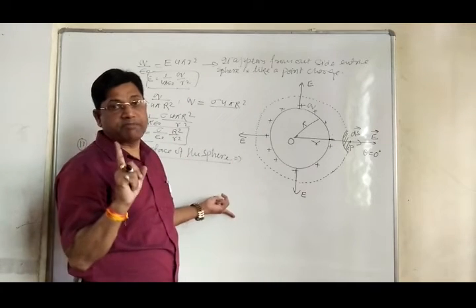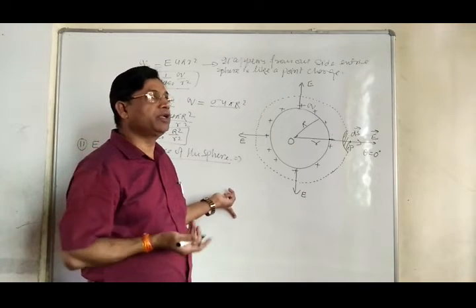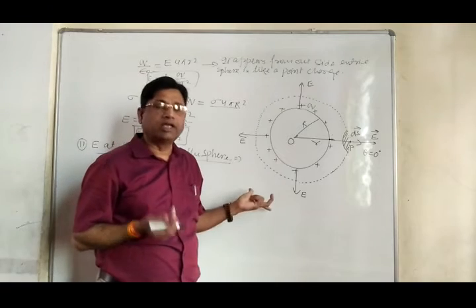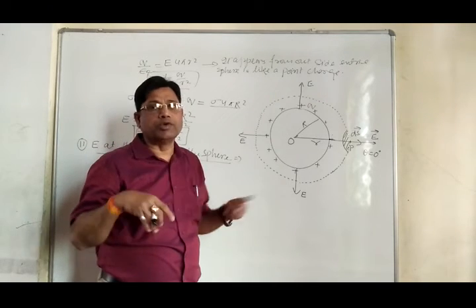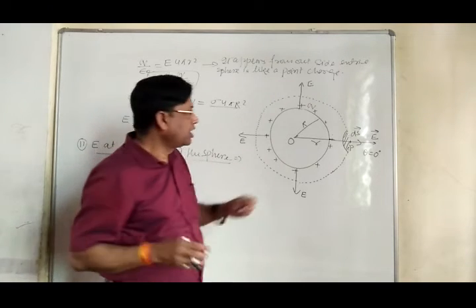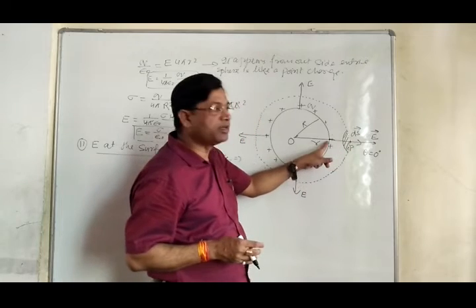What would be our first step? Always you have to find the electric field by using Gauss's law. The first step is to draw a Gaussian surface. Now this point P is at this point.